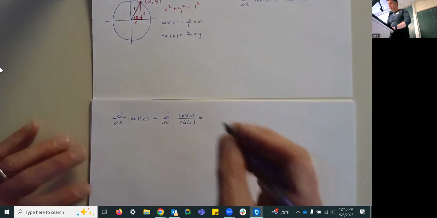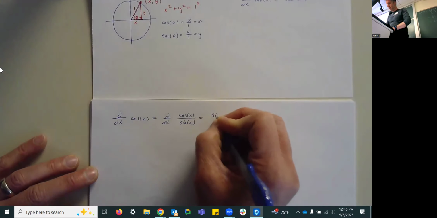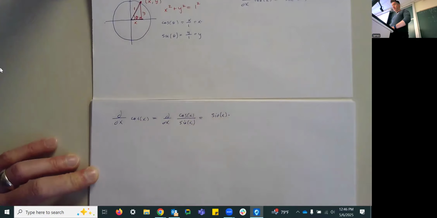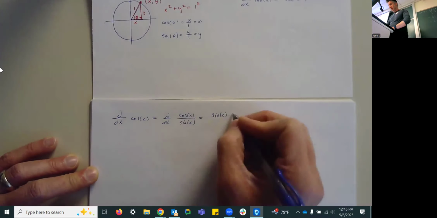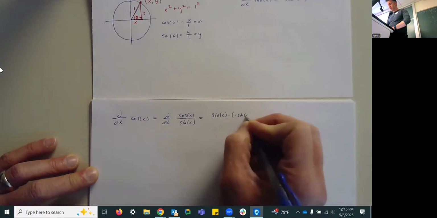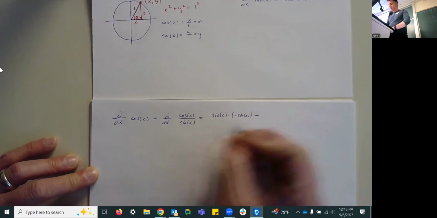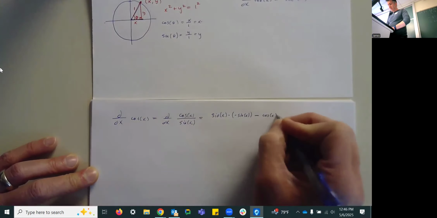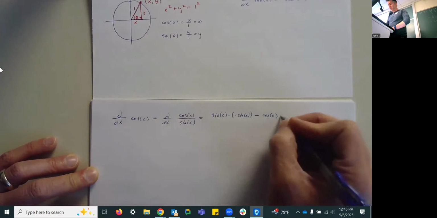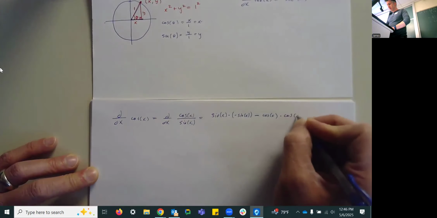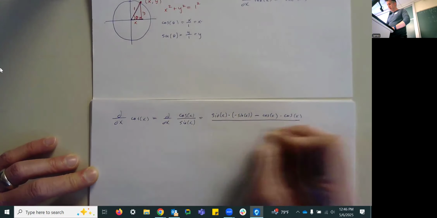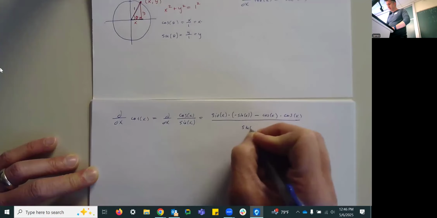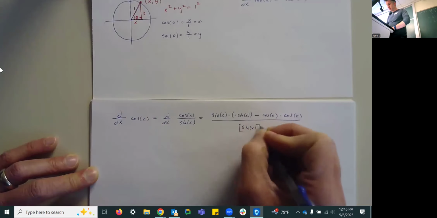It's going to be the bottom times the derivative of the top, and the derivative of cosine is negative sine of x, minus the top, which is cosine, times the derivative of the bottom. The derivative of sine of x is cosine of x, divided by the denominator squared.